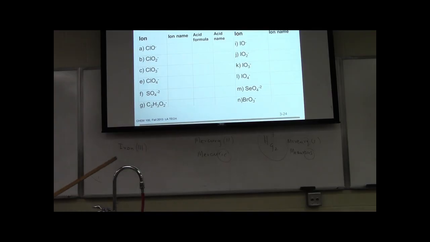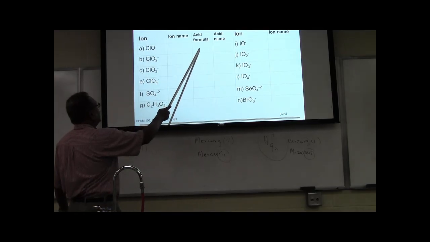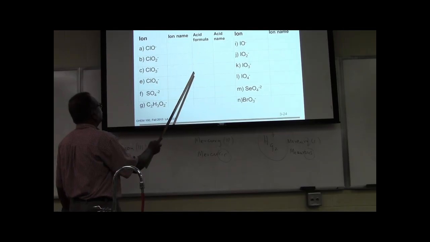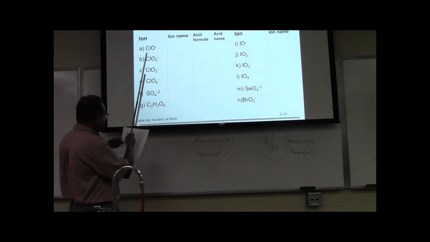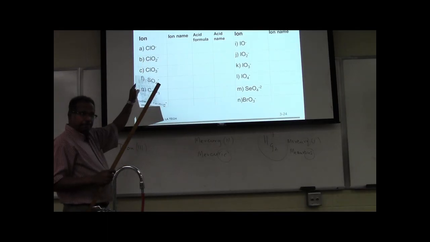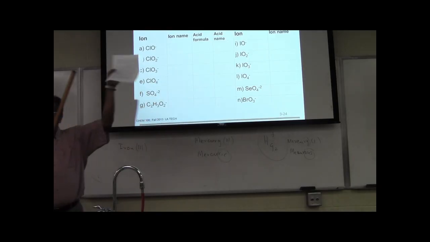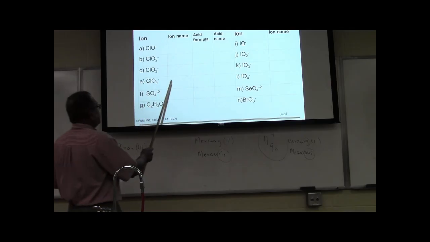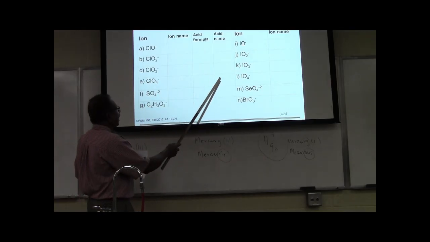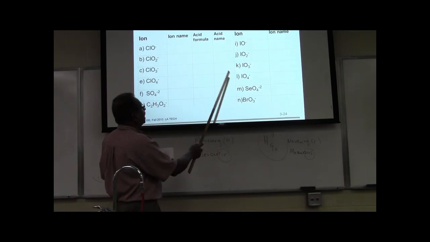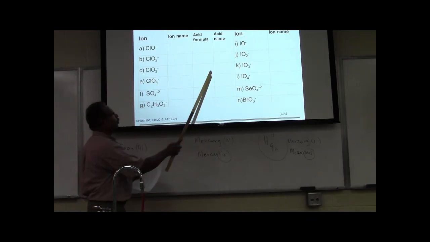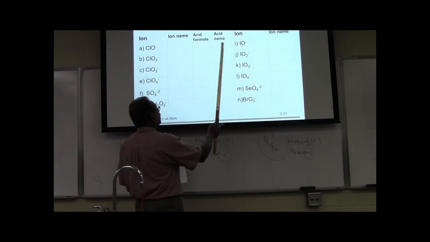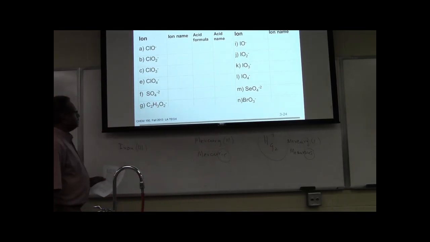Perchlorate. The acid formulas are HClO, HClO2, HClO3. We wrote them down in here, right? Do you see that in the paper? And this is HClO4, that is perchloric acid. Chloric acid. What is this one? Chlorous acid. Hypochlorous acid. All right.